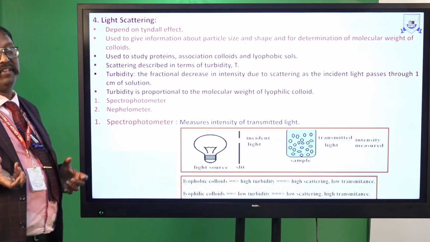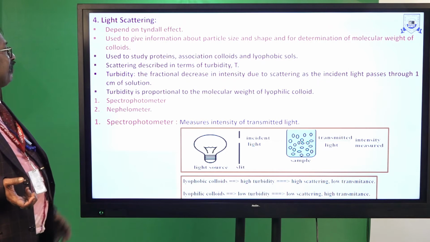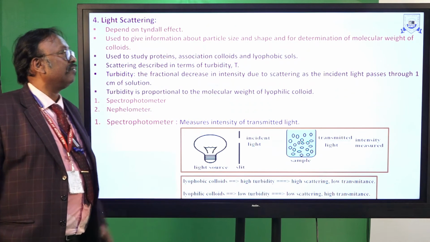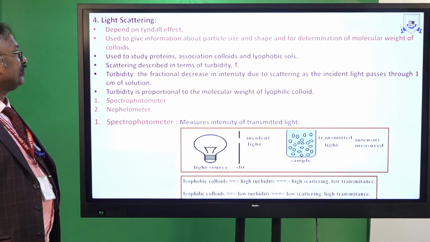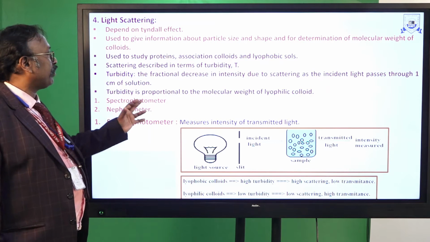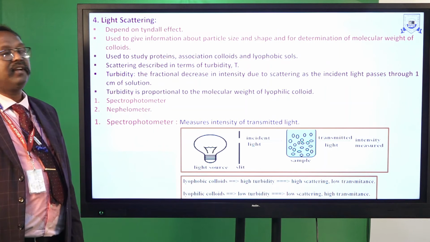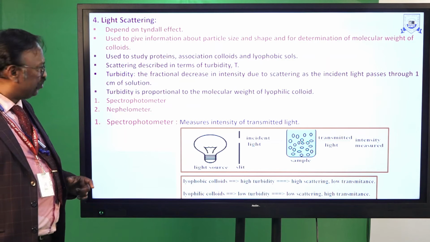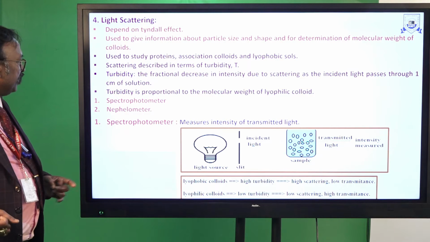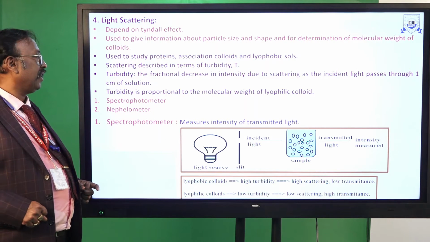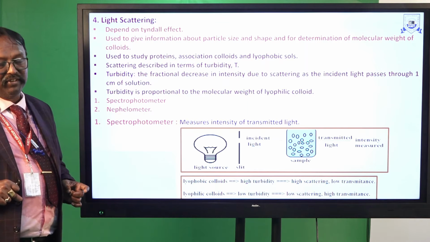What is turbidity? Turbidity is the fractional decrease in the intensity due to scattering as the incident light passes through 1 centimeter of the solution. The turbidity is proportional to the molecular weight of the lyophilic colloid. That is, spectrophotometry and nephelometry are used. A spectrophotometer measures the intensity of transmitted light.